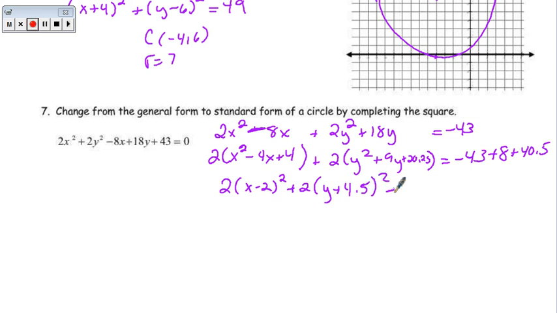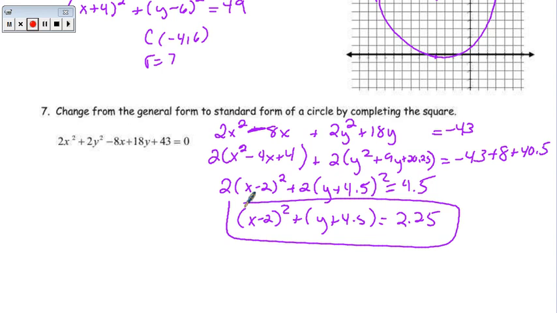And adding these guys all up over here, we get 2.25. All right, so that is it there. If you have any questions, please ask your teacher, and we'll pick up with the next lesson.